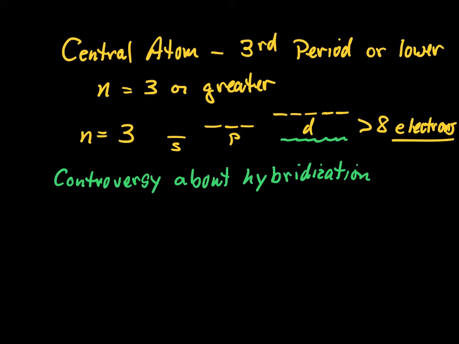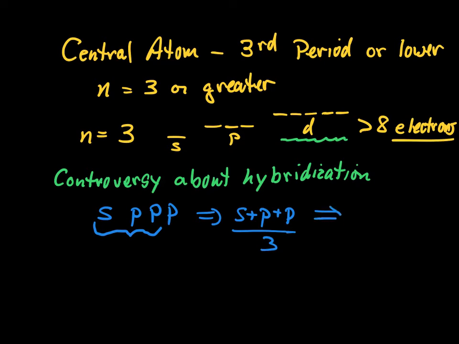With S and P combinations, you can say, okay, we're gonna take our S and 2 P's, add that up, and divide that by 3, and we're gonna get 3 sp2 combinations.